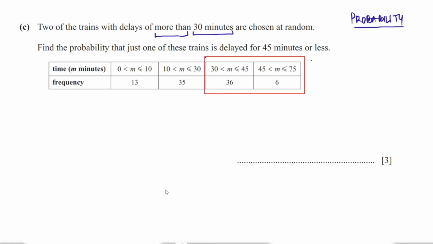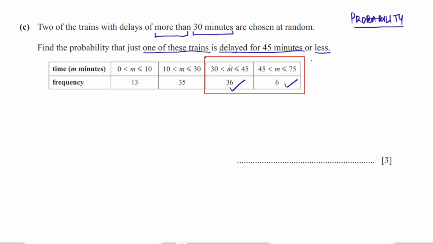Now what is the condition? The condition says we need the probability that just one of these trains is delayed for 45 minutes or less, because we have to choose from this group only. It means one train has to be chosen from here, and the second train has to be chosen from here. Simple thing. We have to select 2 trains, and one of the 2 trains is delayed for 45 minutes or less.